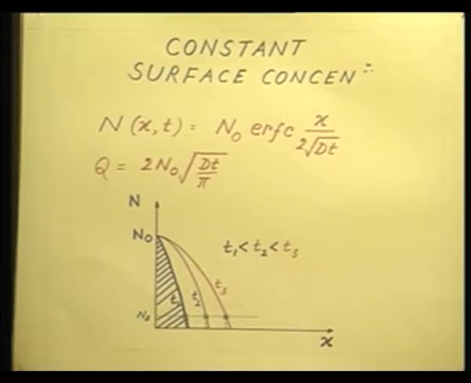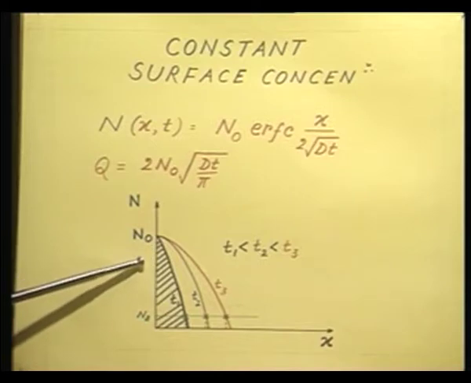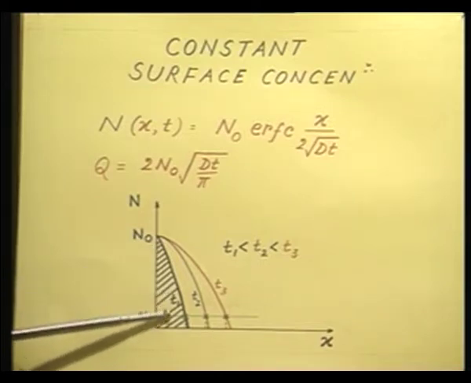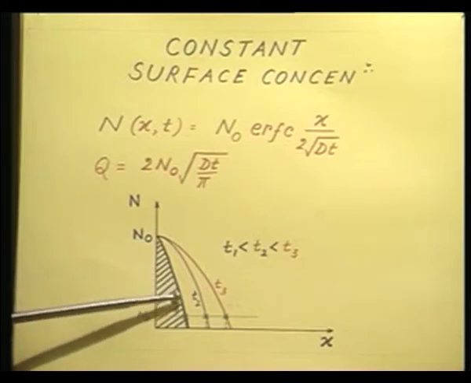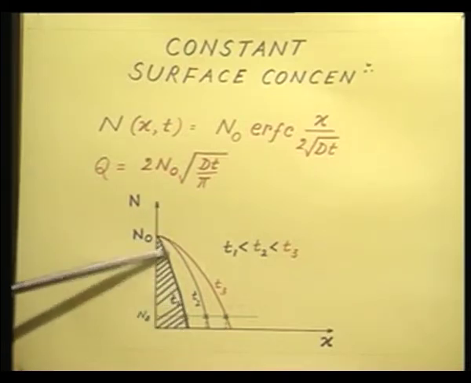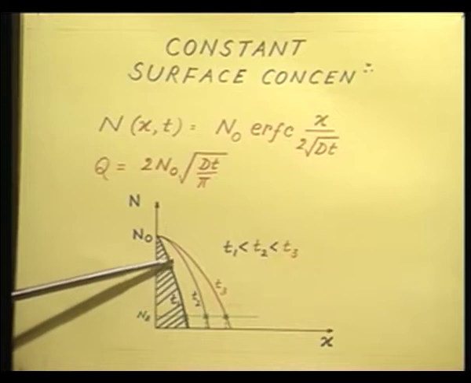We have to integrate the area under the curve. The total amount of impurity is given by this hatched area, right. In this particular case, if I have carried out the diffusion for t1 time, then this is the doping profile and the area under that curve is actually the total amount of impurity.